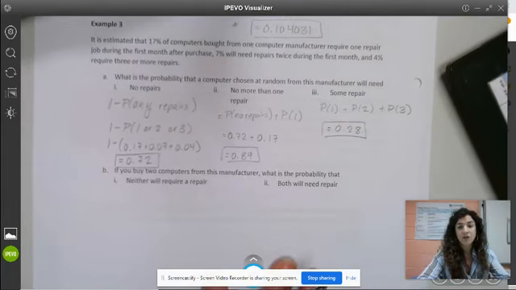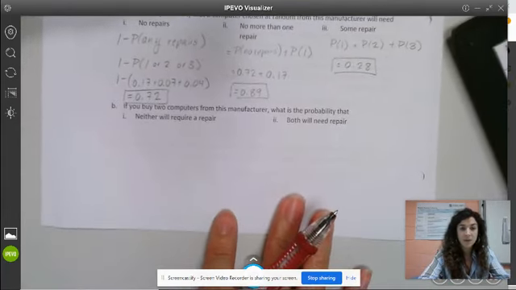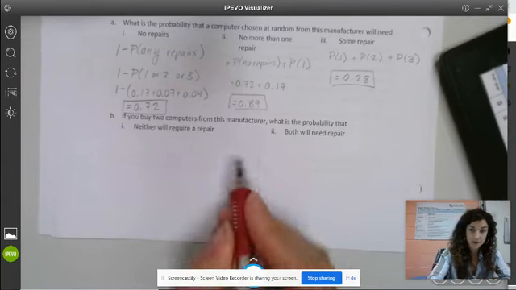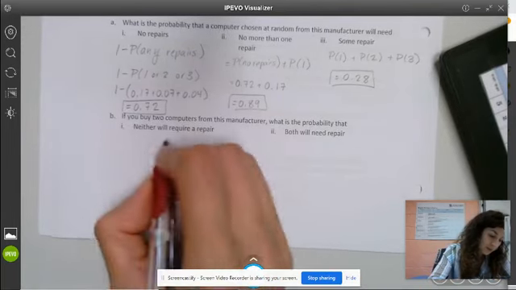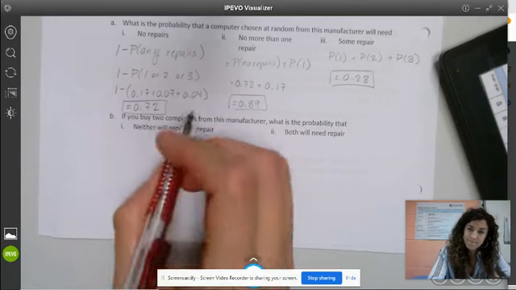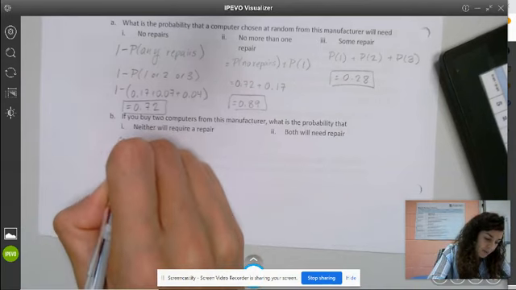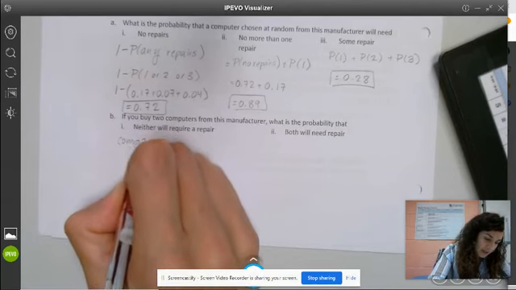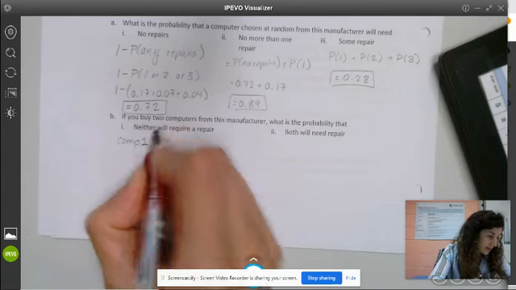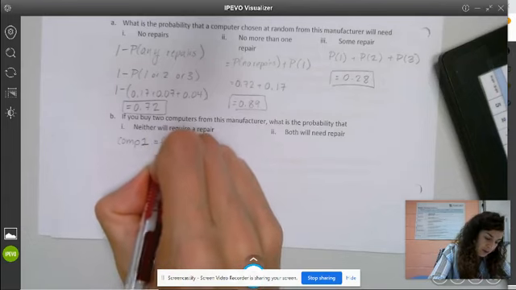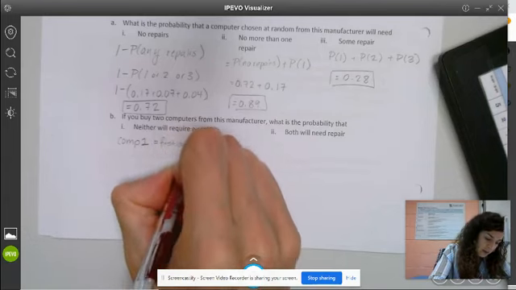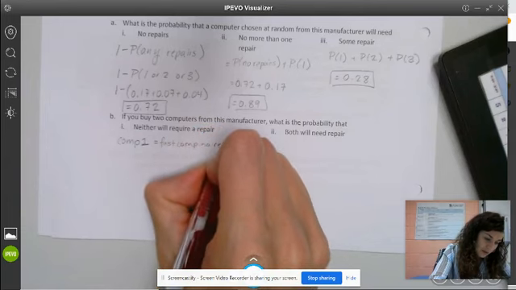If you buy 2 computers from this manufacturer, what is the probability that neither will require a repair? So you have the first computer. Let's have comp 1 be the first computer, no repairs.